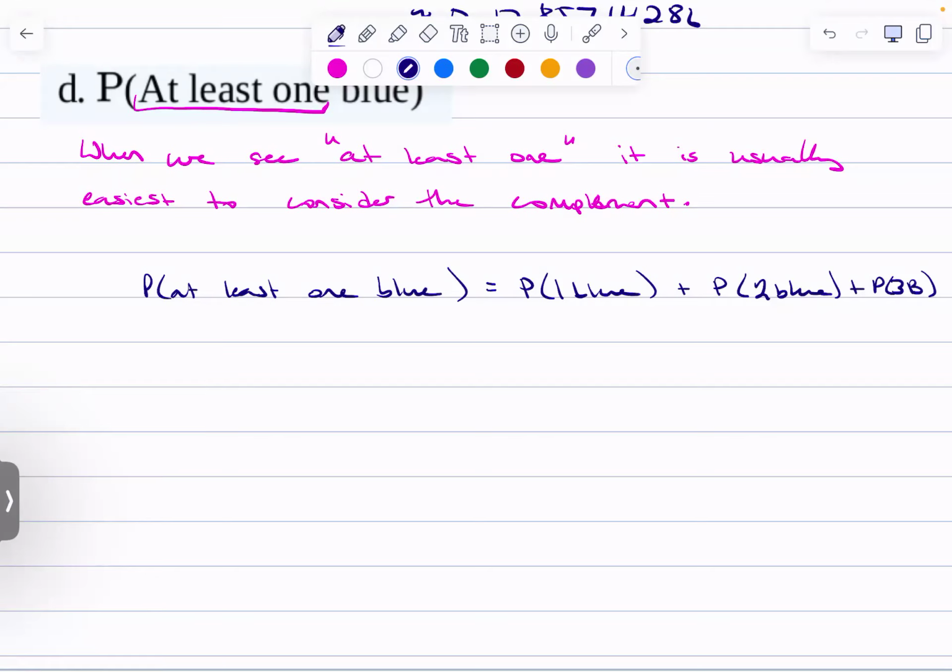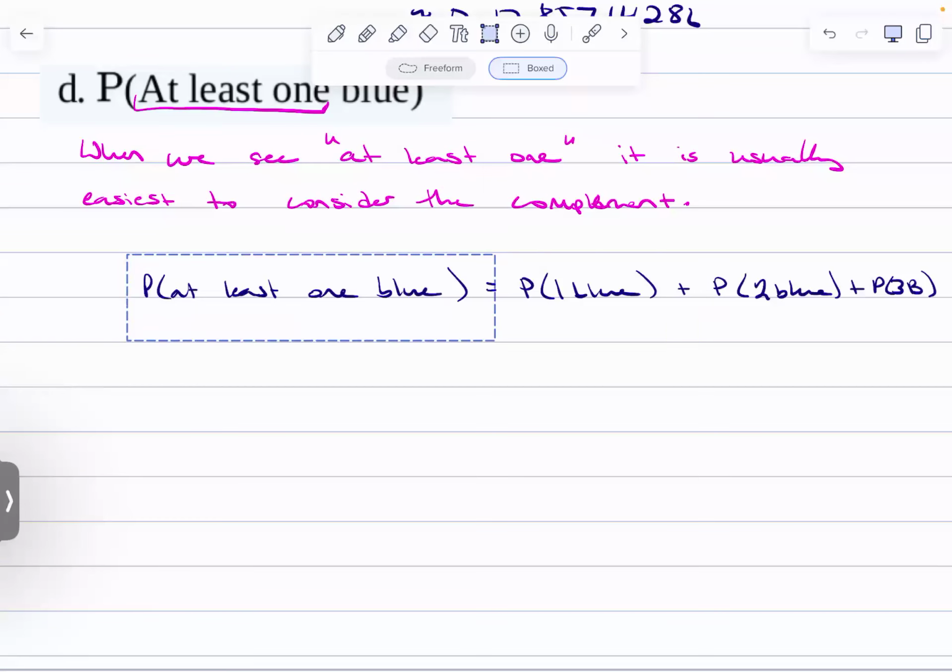Now, you can find the probability of 1 blue and 2 blue and 3 blue. Let's do it.